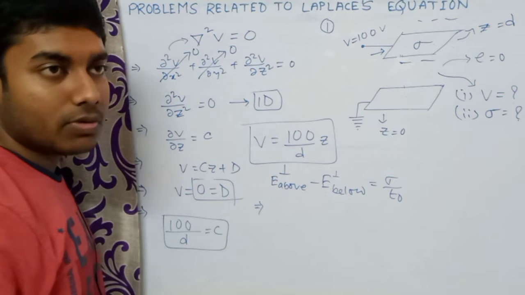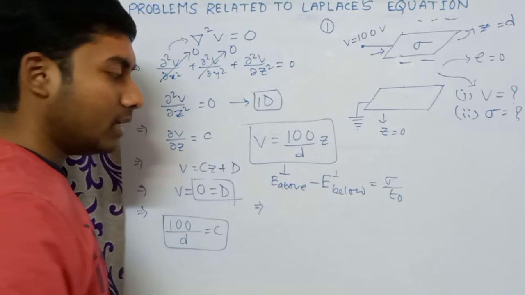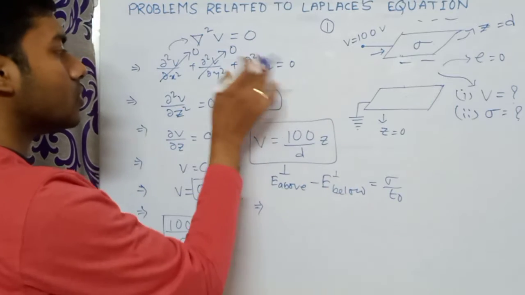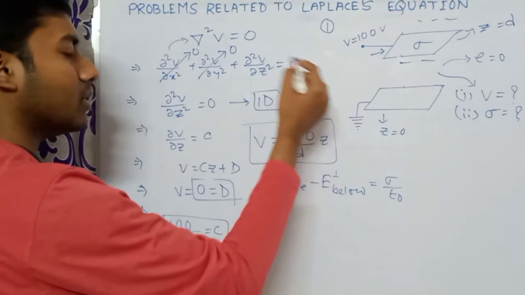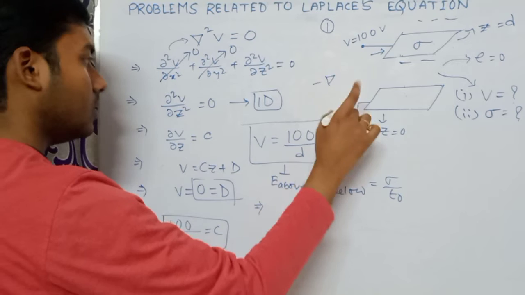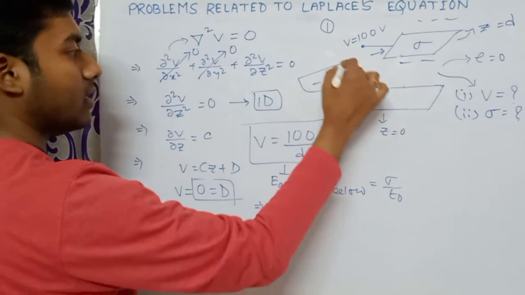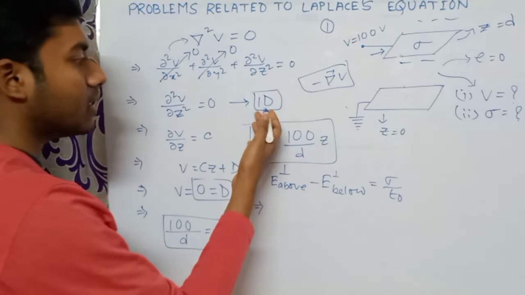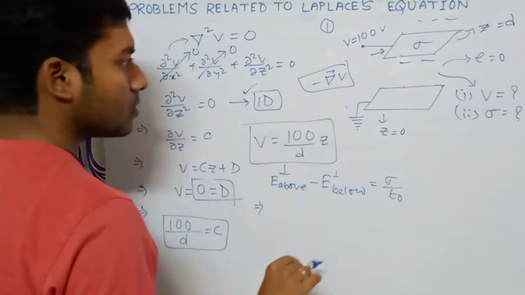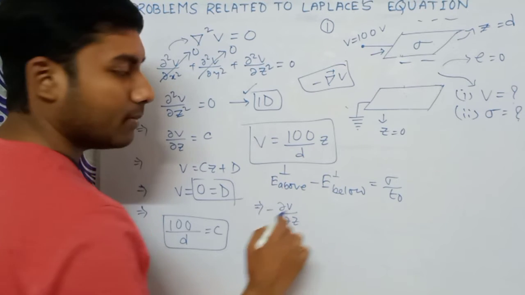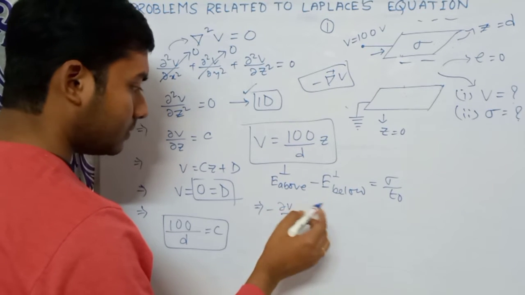Now we know that E is equal to minus del V over del Z. Here, as this is varying with the Z component, we are considering only Z. Otherwise we would have to use the gradient of V, E equals minus grad V. But here, as this becomes a 1D problem, we use only del V over del Z, the perpendicular component.